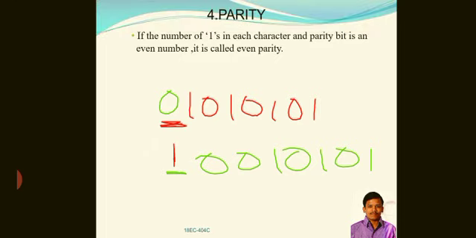So this is called the even parity method, which means the number of ones in the data including the parity bit must be even. This is the example for that.